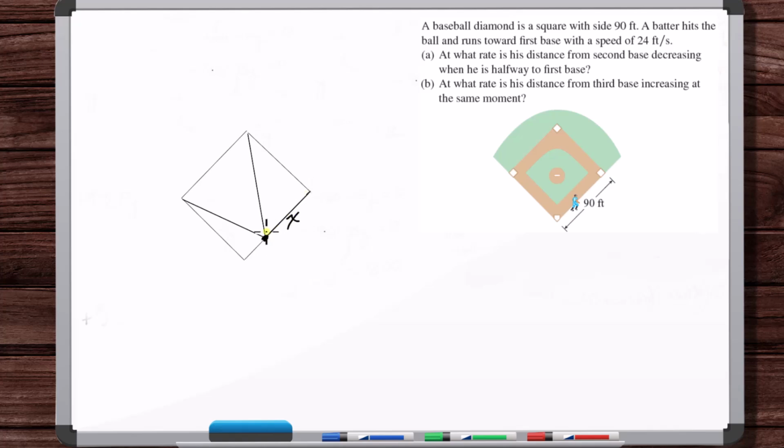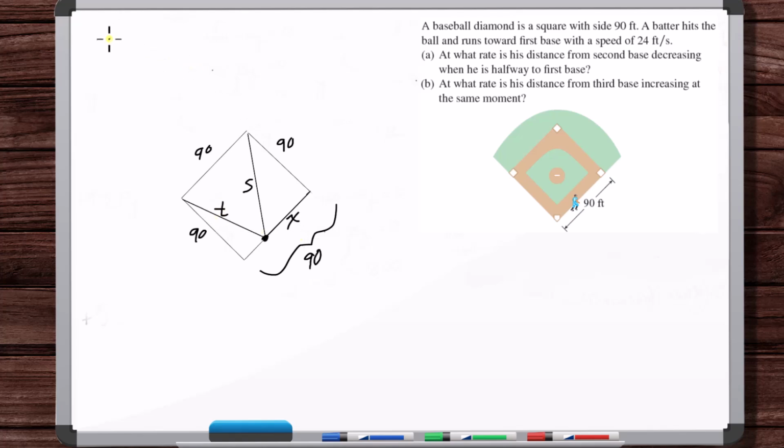We're going to want to relate the distance from second and third to X, because we know the rate of change of X. What else do we know? We know this is 90, this is 90, and this is 90. We'll call this S for second and this T for third.